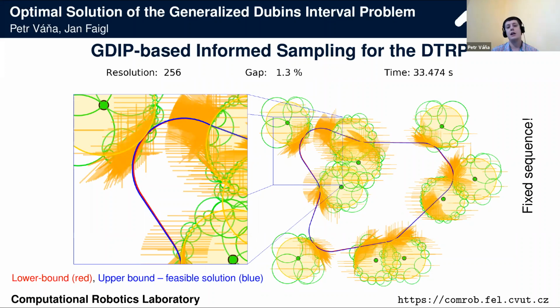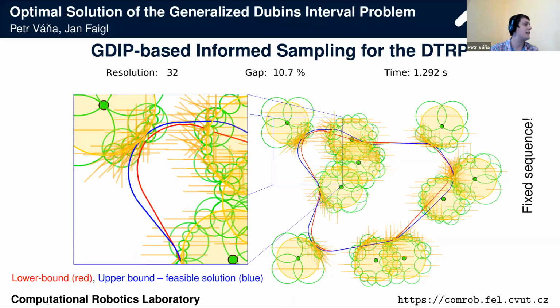So this is the main benefit of the generalized Dubins interval problem. For the first time, we are able to have a tight lower bound for the Dubins Touring region problem. And I want to mention that you can see here the discontinuity of the lower bound.